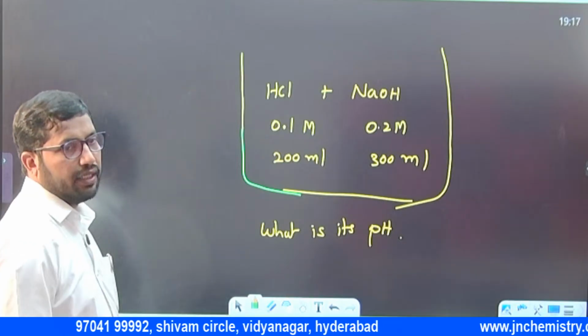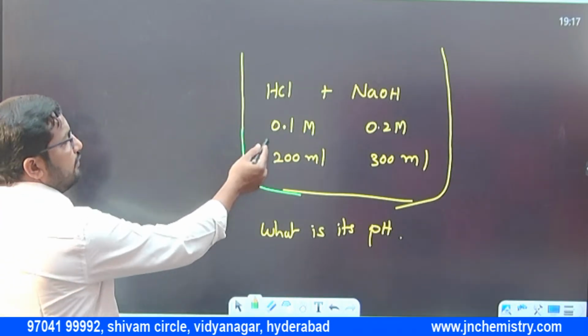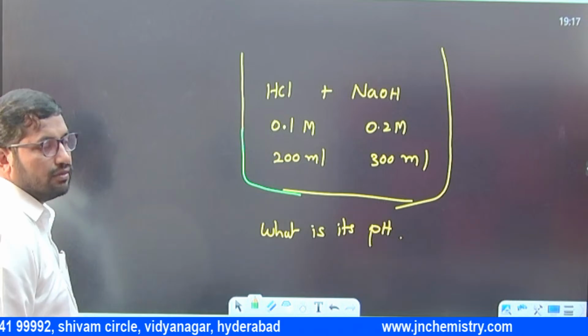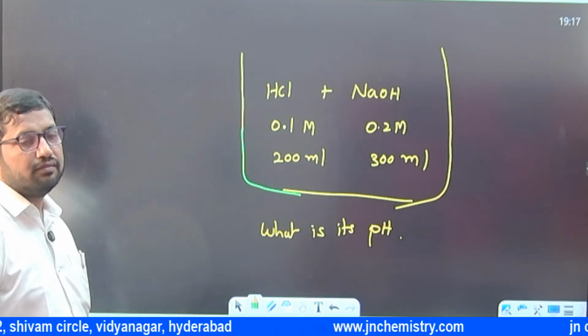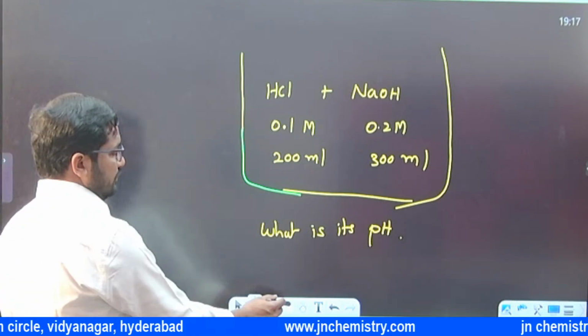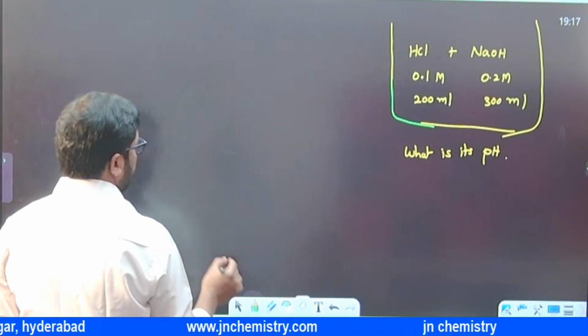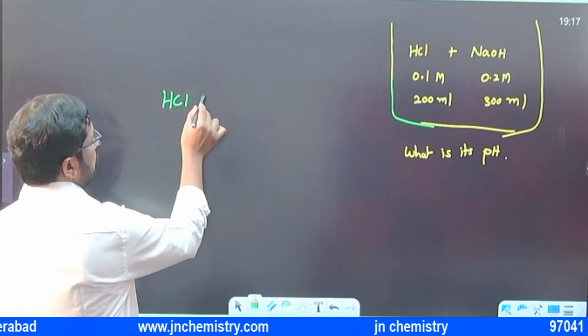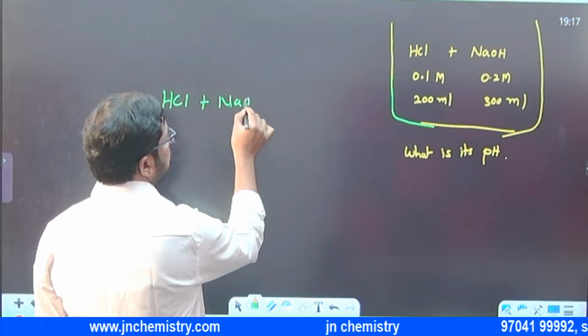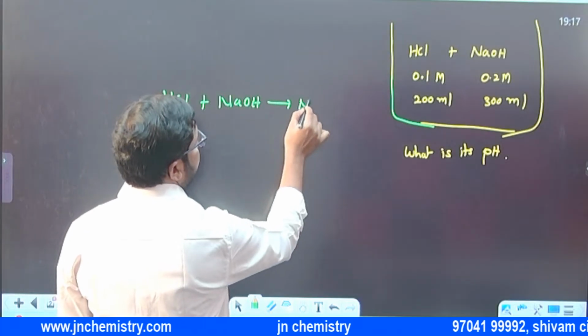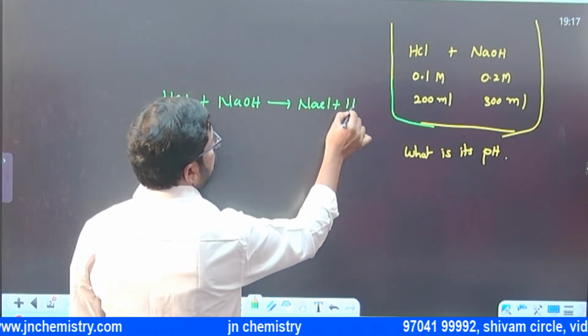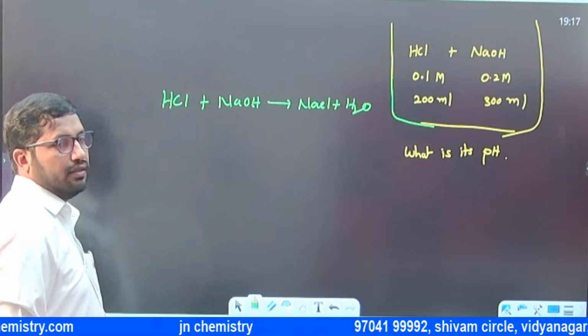Millimoles, how many millimoles will there be? 0.1 into 200, how much? HCl plus NaOH gives rise to NaCl plus H2O, right?